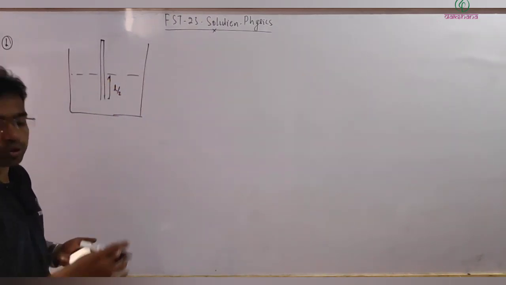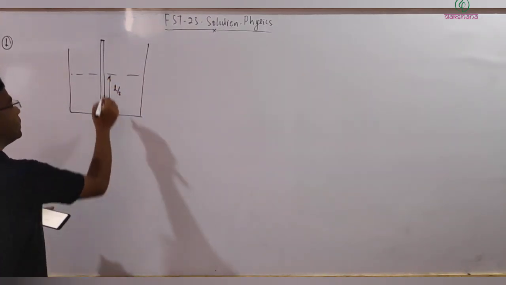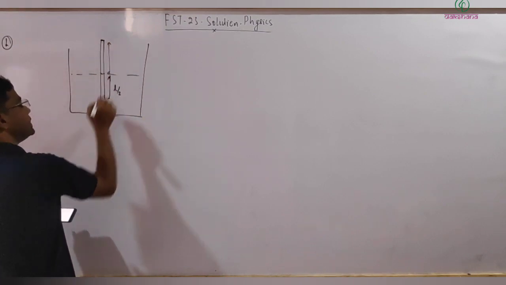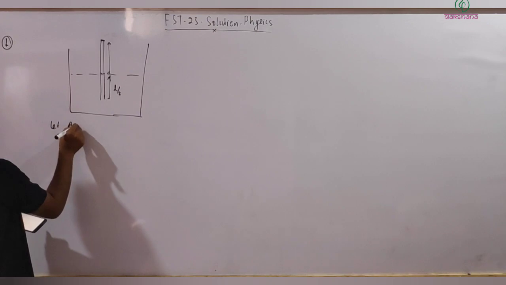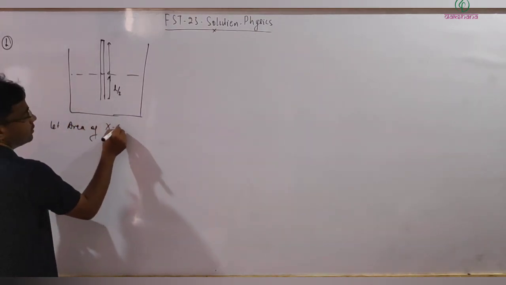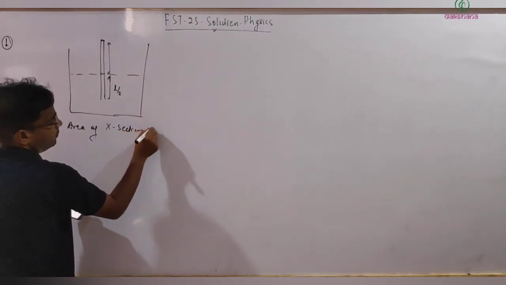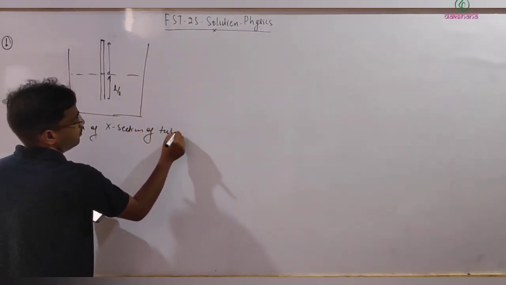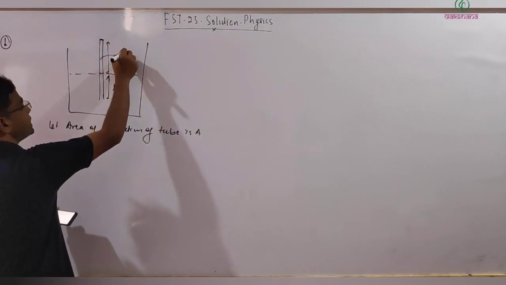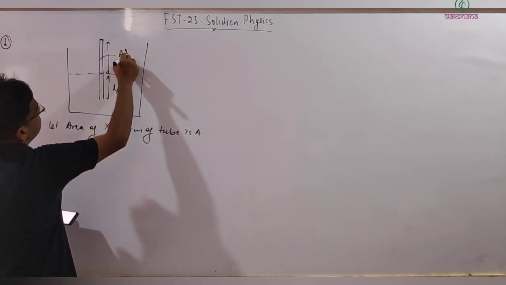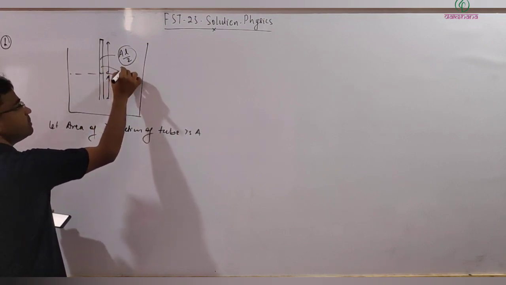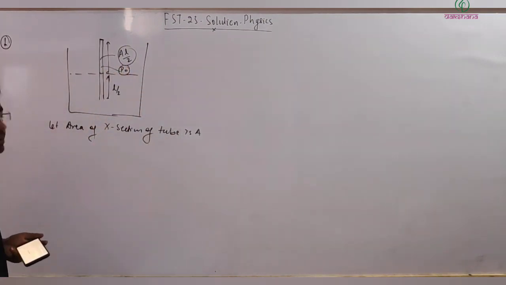Now in this situation, the volume is what? Let the area of cross section of the tube be A. Then the volume can be written as A into L by 2, and the pressure is simply equal to P naught, atmospheric pressure.